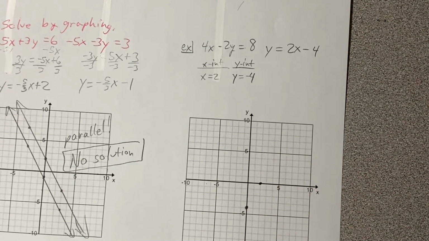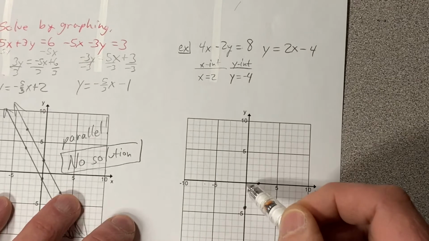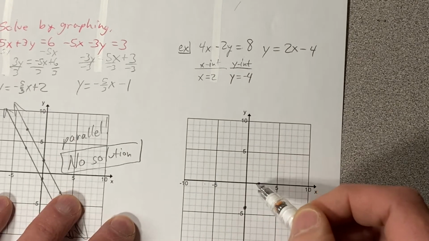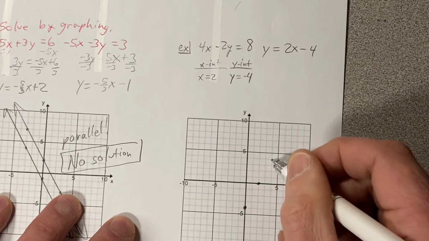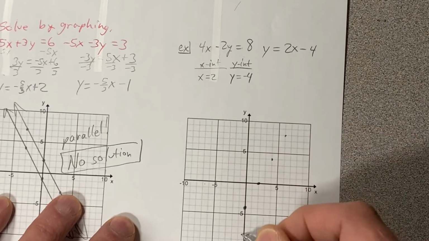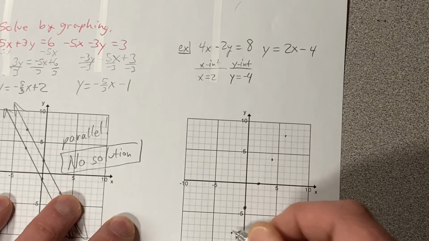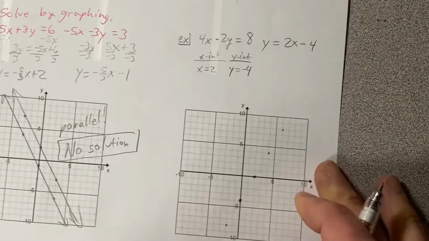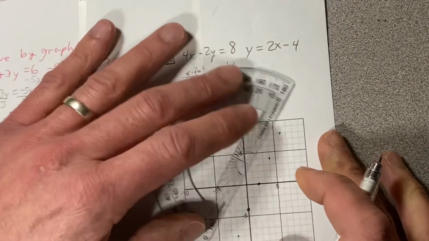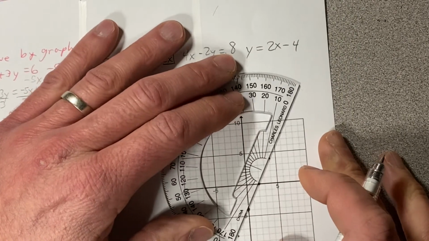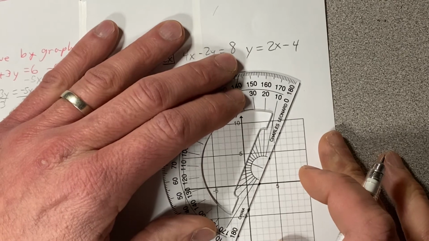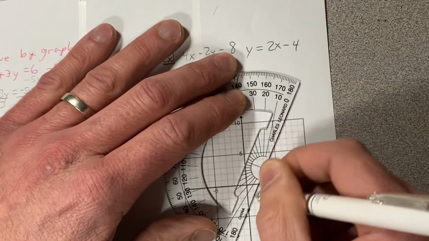Now, after doing that, you can see that there is a slope that exists there. You could go up 4 over 2, or down 4, back 2, to get you more points on the line. And there we have it.